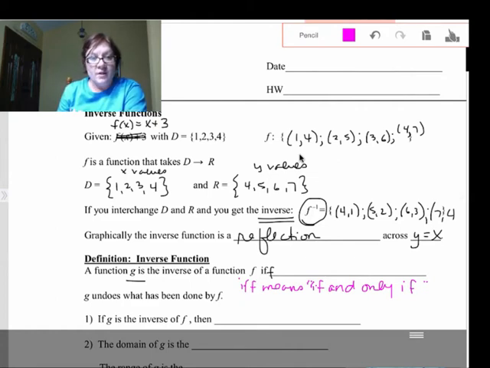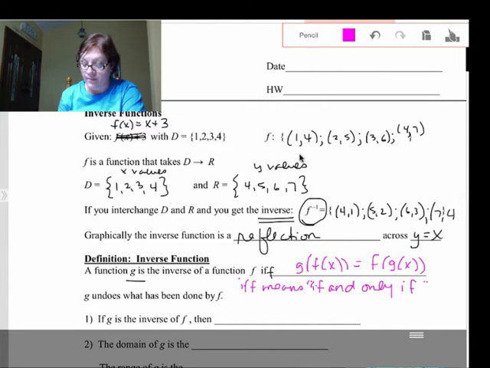So a function g is an inverse if and only if when I change the order of the composition and I do the composition in either order, both of them result in x. In other words, I can think of it as g undoes f, and at the same time f undoes g, so that I end up with whatever I had inside. And that's what makes them inverses of each other.